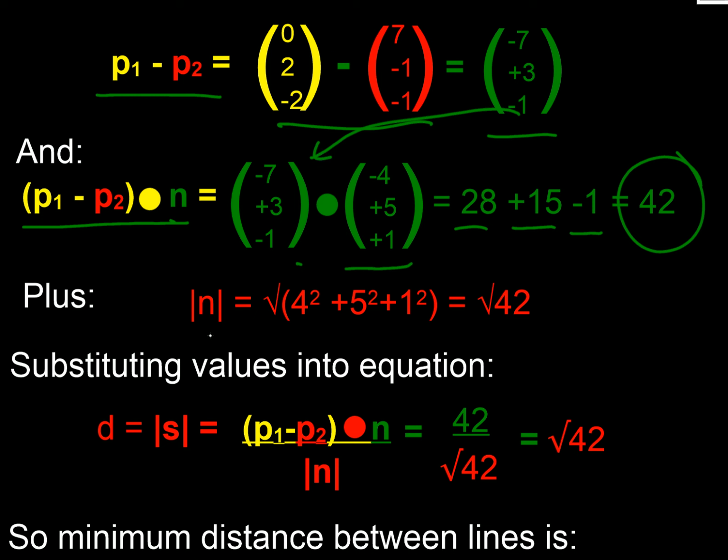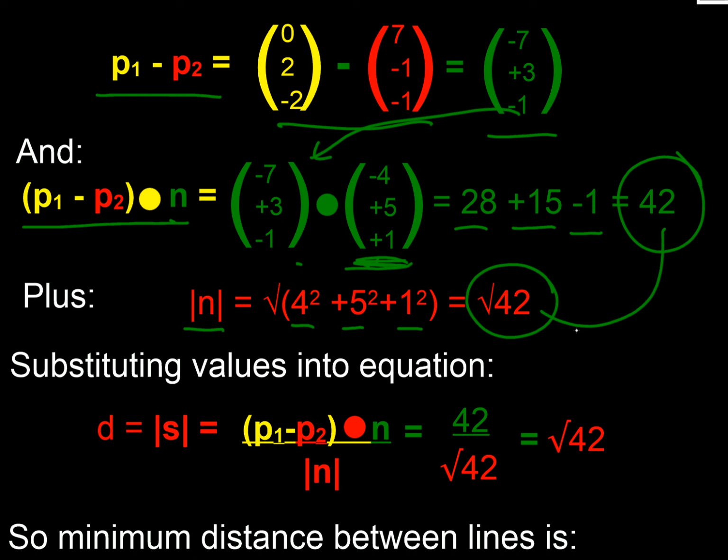Now I need to divide by the magnitude of the normal vector, n, and I can calculate that. There's my normal vector there. I just need to use Pythagoras to find its length: 4 squared plus 5 squared plus 1 squared, and square root it. In this case it comes to the square root of 42. It's just chance, by the way, that these two are the same.